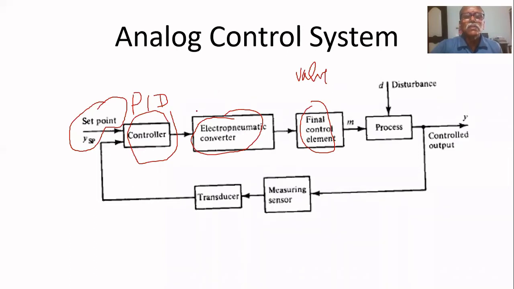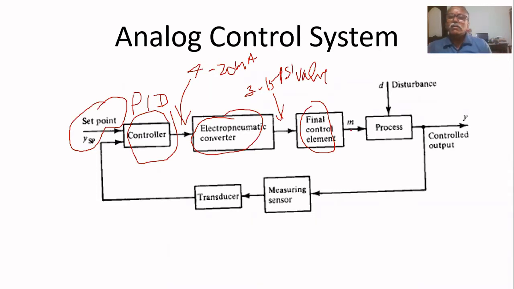Here we will get 4 to 20 milliamps. That 4 to 20 milliamps has to be converted into 3 to 15 psi, so that it can operate the final control element, the valve.